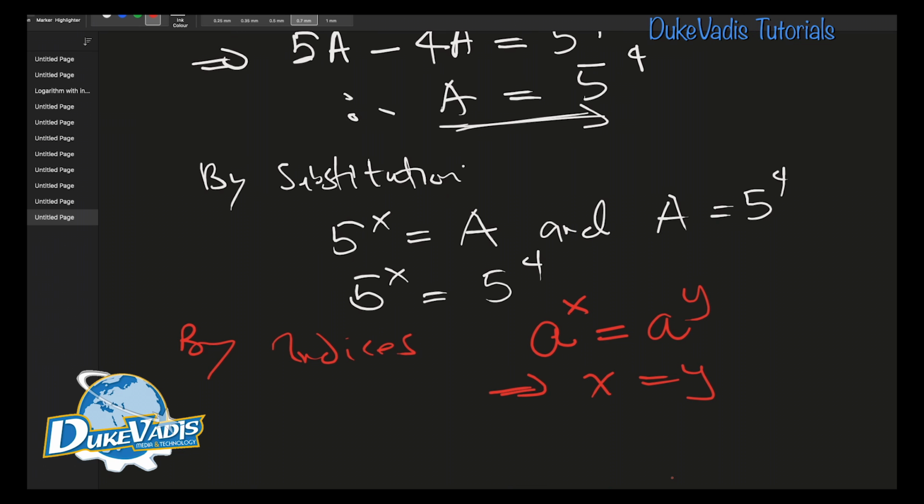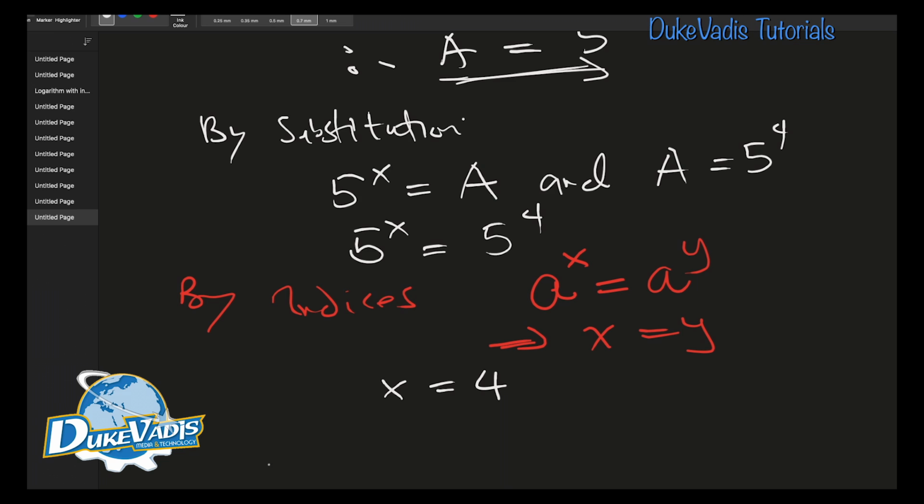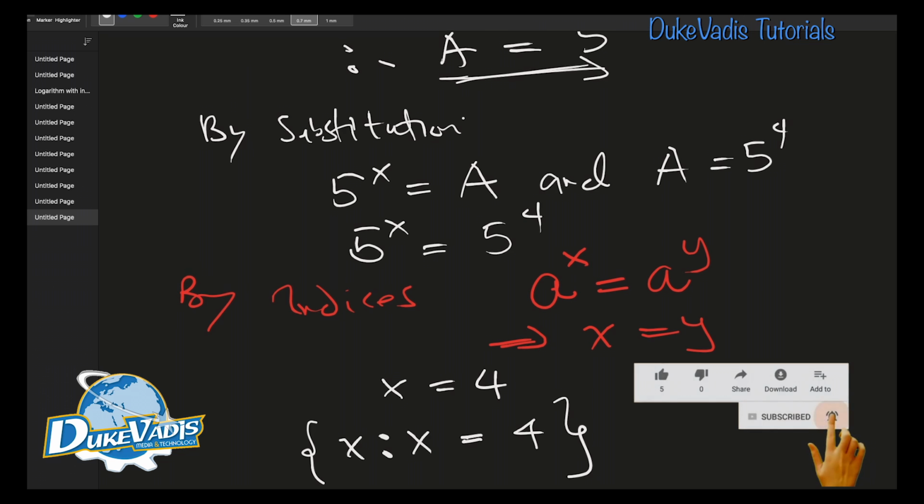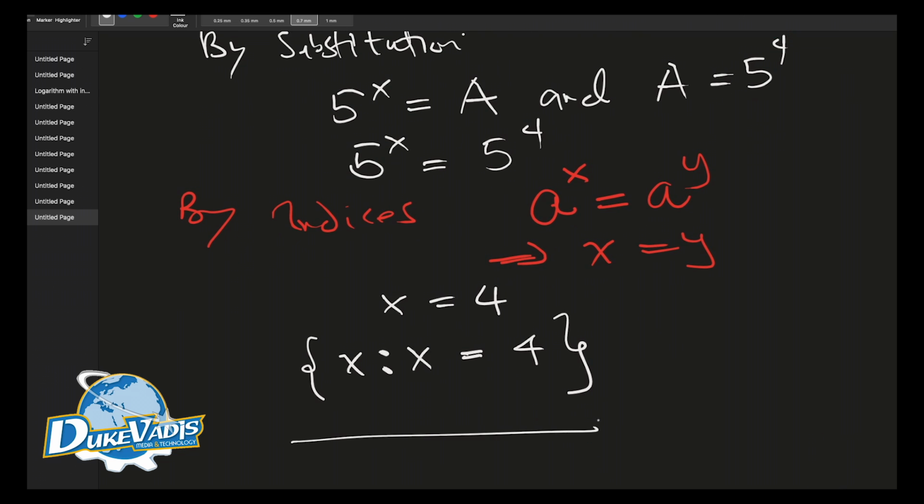Then we can say boldly that our value x is equal to 4. Then confidently we can say that the truth set of the equation is such that x is equal to 4. As simple as that.